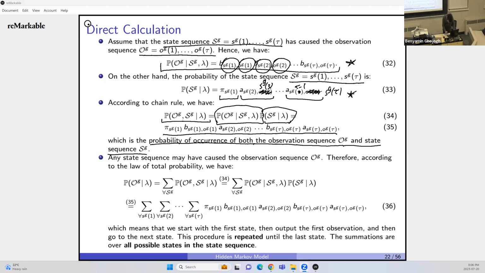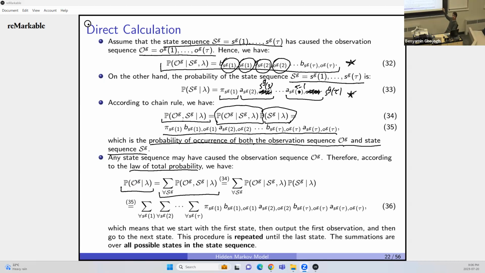Okay, any state sequence may have caused the observation sequence, right? Therefore, according to the law of total probability, so what do we have? Now I have this joint probability. I want to get rid of this SG. So I can say P of OG given lambda, I can write it as this.